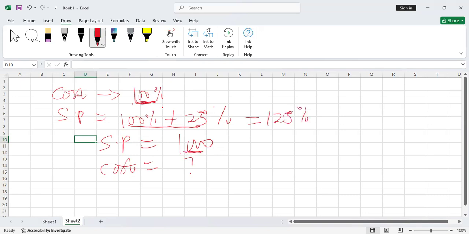So you are being told that these goods had a selling price of 1,000. What is their cost? Their cost equals 800, straightforward. All right. And what is the transfer price?